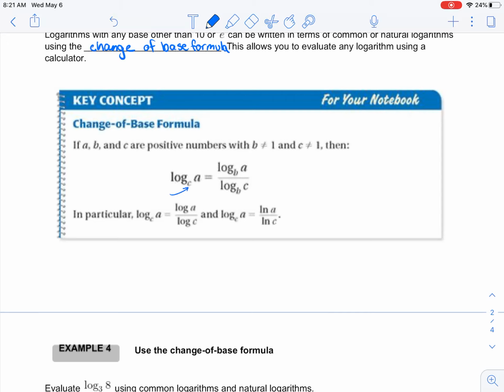If this was your original base that you don't have in your calculator, so say 3, if you typed it instead as base 10 of whatever was originally here, divided by, again, base 10 of base 3, it actually is equal to the same thing. That sounded confusing, so let's look at an example together.